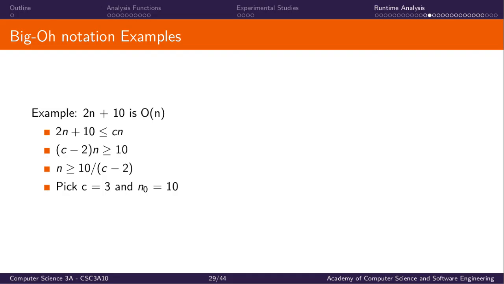What's done here is done in the text: we solve for n, then we choose an n0 and a c such that this holds true. But as I said, it's usually simpler to consider 2n plus 10. We want to show that it is always less than or equal to cn. We can choose a c that is greater than or equal to the sum of the coefficients. So here I choose a c of 12 or greater.